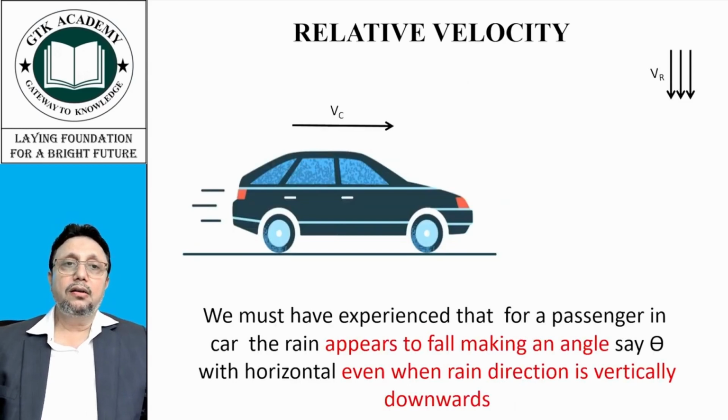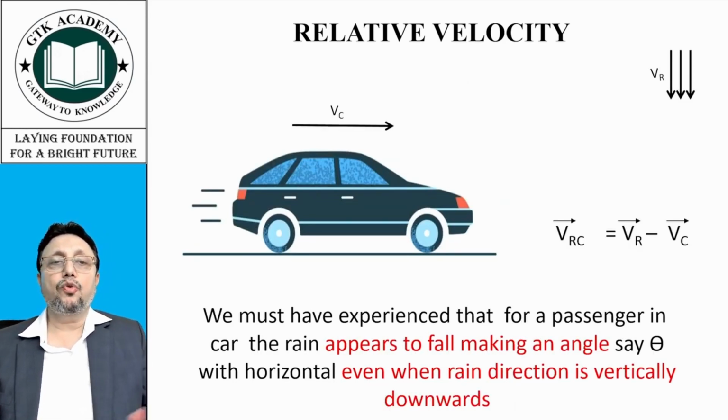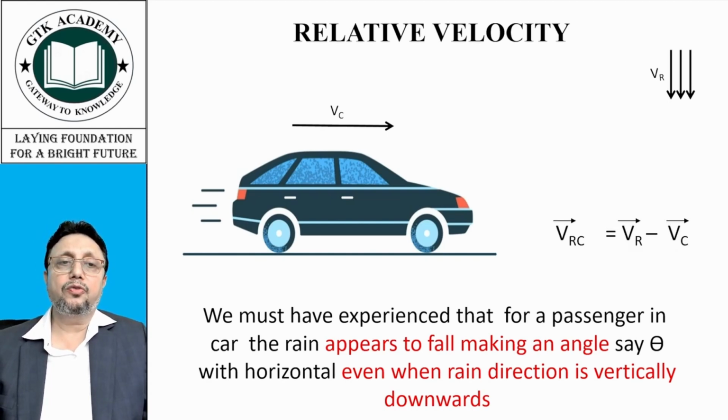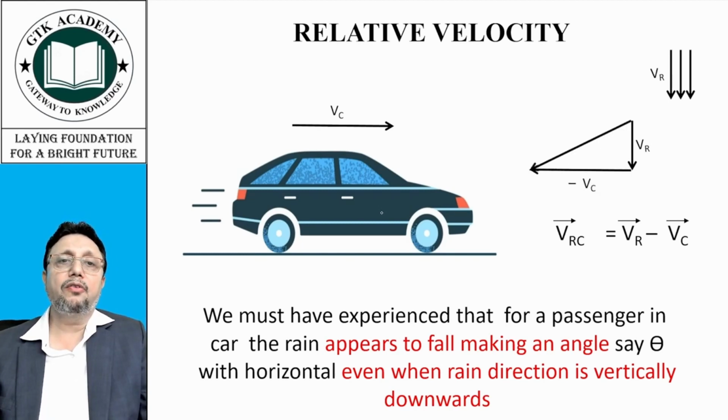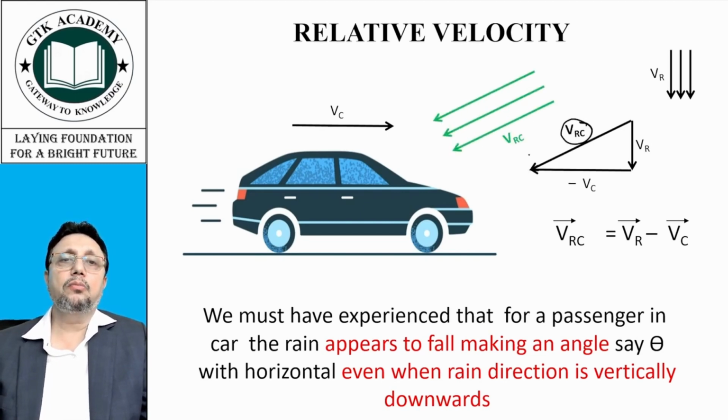Example of car: velocity of rain relative to car is equal to velocity of rain minus velocity of car. So we'll just take the velocity of rain and add minus Vc, that is minus velocity of car, and we'll get velocity of rain relative to car. So rain will appear to come like this, which we are showing in green color, inclined at a certain angle.